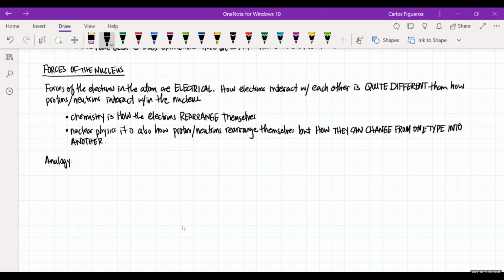The analogy is that we said here is that Rutherford's model, maybe I should say planetary model, is a bad model of the atom.